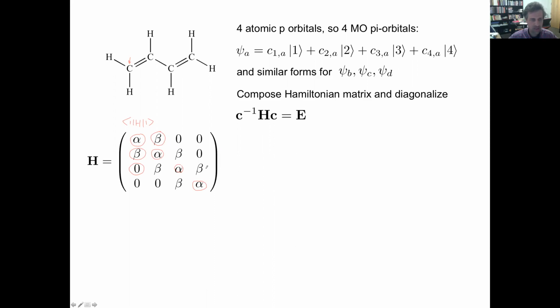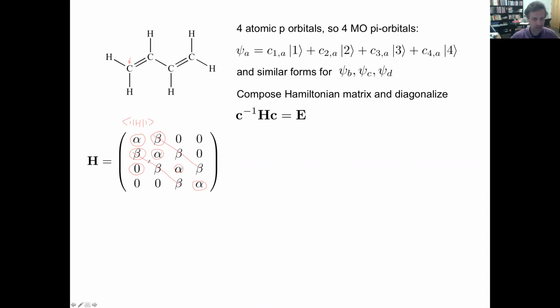The only nearest neighbors are the ones on this line here that is adjacent to the diagonal. So that is the composition of the Hamiltonian matrix. It has the alphas, it has the betas, but it also has zeros. Those are the zeros that we enforce through the Huckel approximation. They are not 0 for real. They are 0 only because we say they are through the Huckel approximation. So this clearly is an approximation.